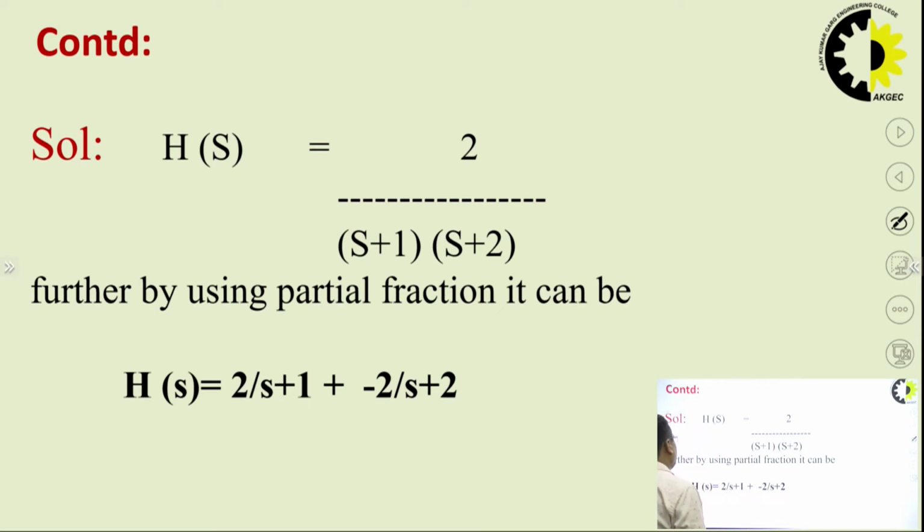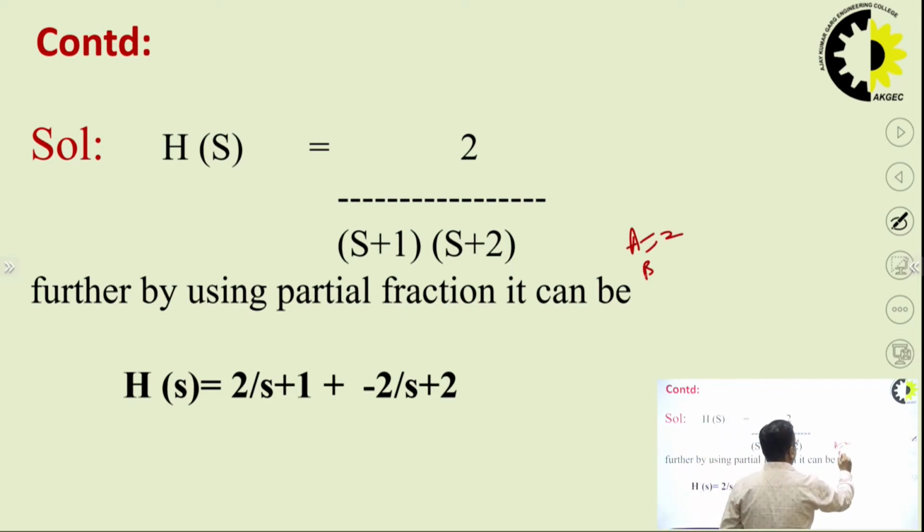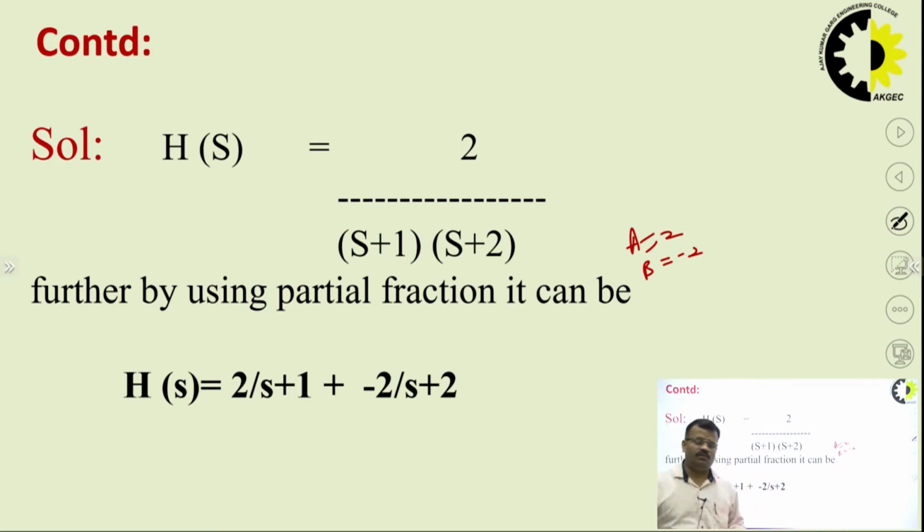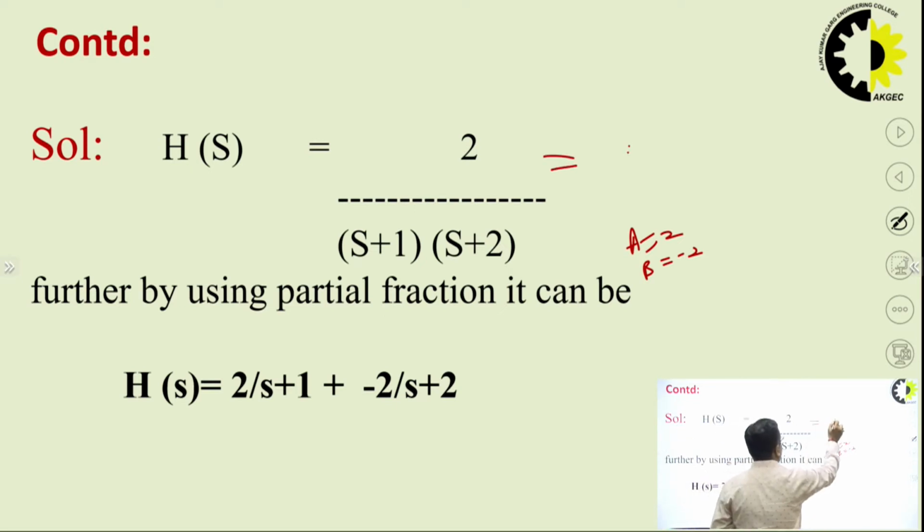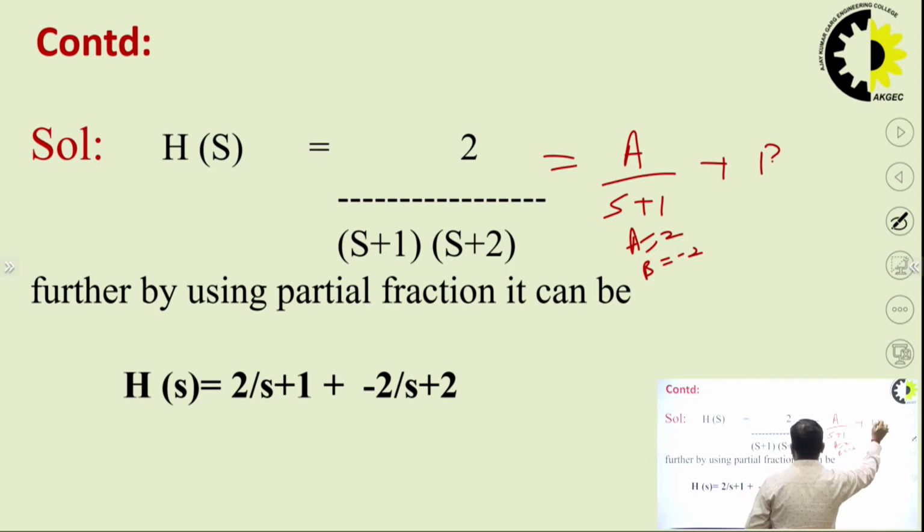If you do the partial fraction, then you will get A is equal to 2 and B is equal to minus 2. For this subject, always remember that your mathematics should be good, your calculation ability is very, very important.